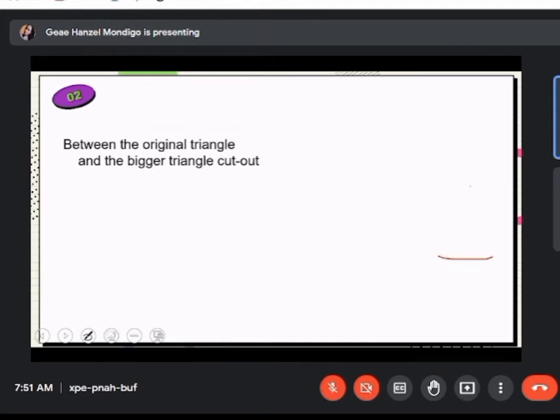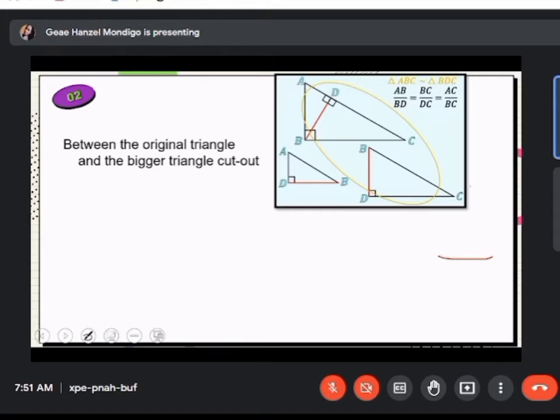This figure here states that we could create a proportion between the original and the larger triangle cutout, with the same process. We have AB over BD is equal to BC over DC and equal to AC over AB.